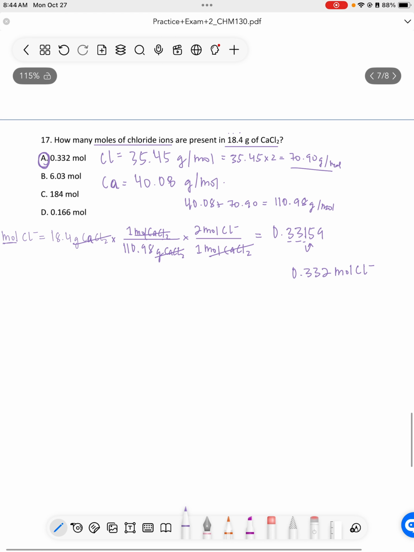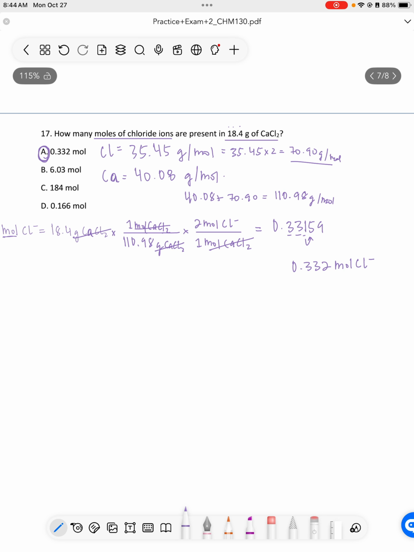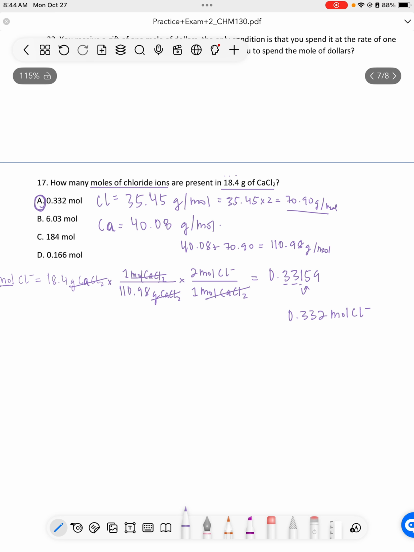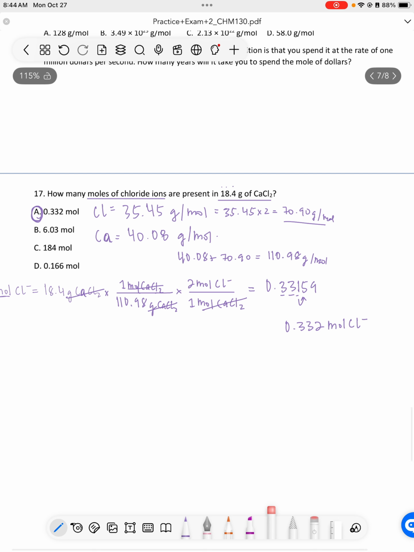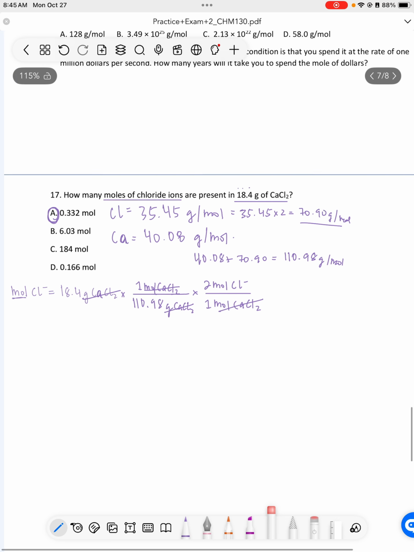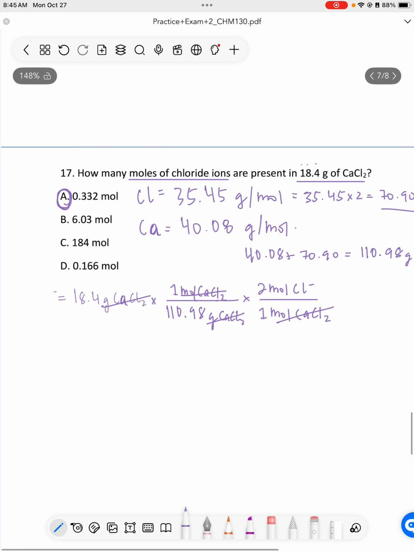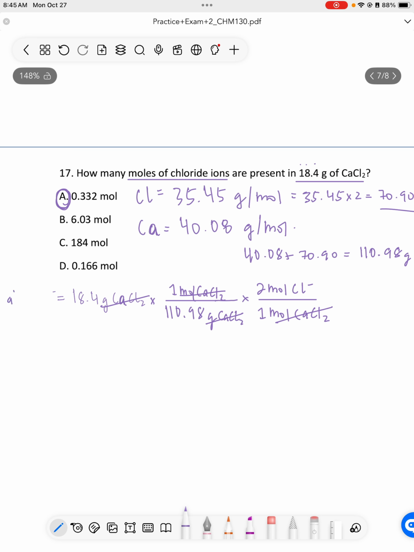Let's just say, for example, he wanted to know how many atoms of chloride ions there were. I'm going to erase a little bit of this, but don't panic. Let's just pretend that it's asking how many atoms there were. And remember when I told you that if we're looking for atoms or molecules, we are for sure going to use Avogadro's number.